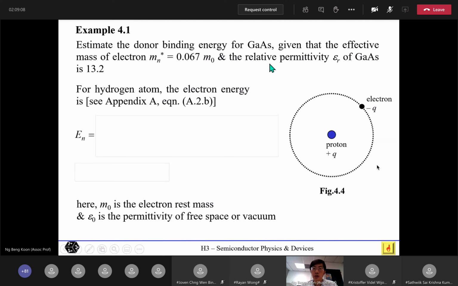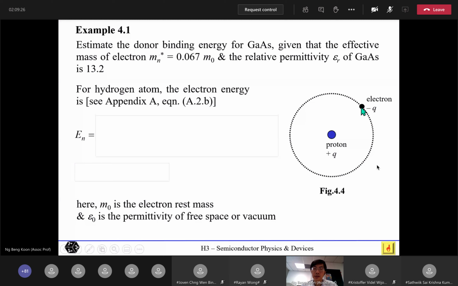The donor atoms will have this fifth electron, similar to silicon, that's loosely bound. So the question we're asking is, what is the energy of this fifth electron that is bound to the impurity atom? That's called the donor binding energy.